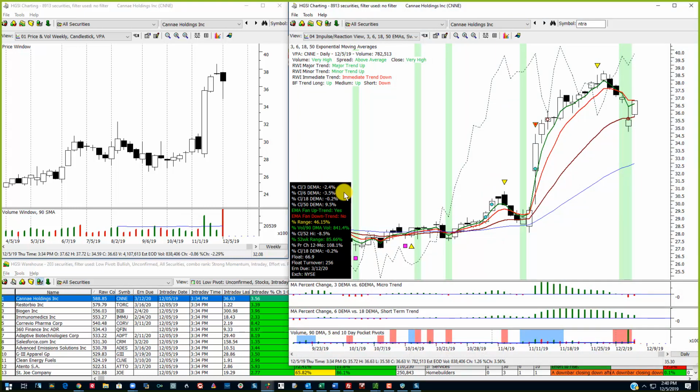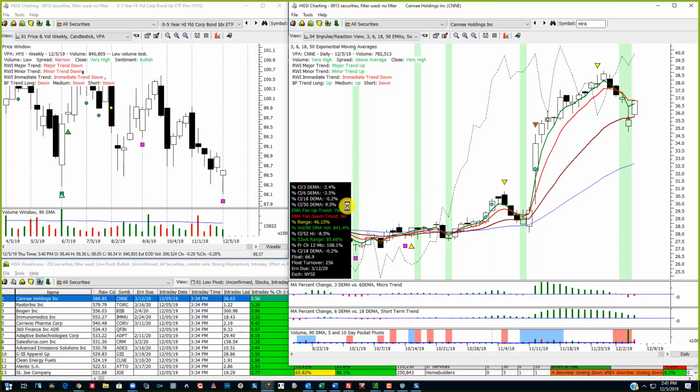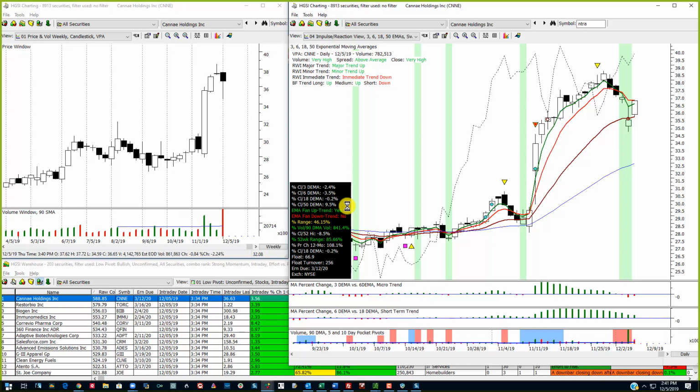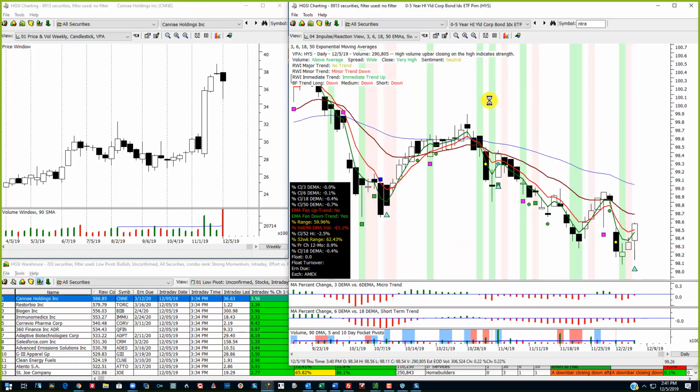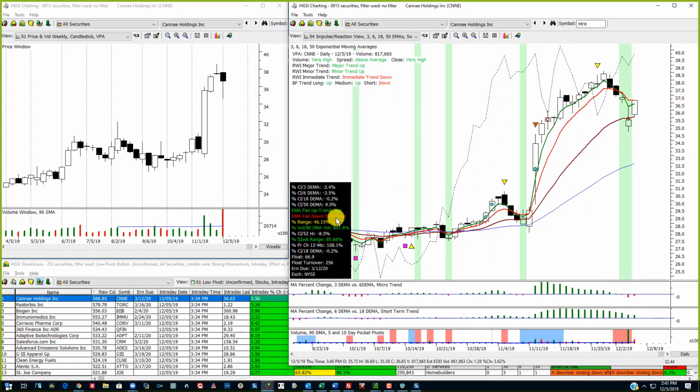My thinking was that at the end of the day, when I'm prospecting, I want to know the relationship of the closing price to the 3, the 6, the 18, and the 50-day moving averages. I can look over here, but this way I get a percentage and I know exactly where we are. The EMA fan uptrend also uses the 200 and the 100 day exponential moving averages, and I know that this stock is in a fan uptrend.